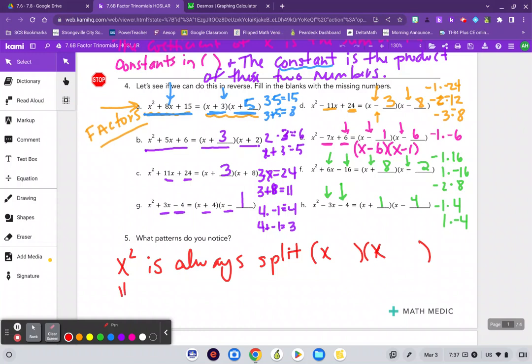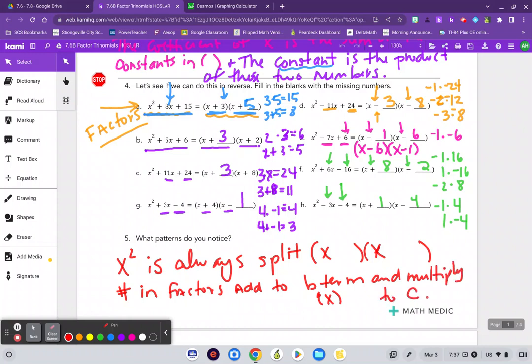And I'm also noticing that the numbers in the factors, these two groups that we have, add to the b term. Remember, the b term is with the x, and multiply to c, which is that constant.